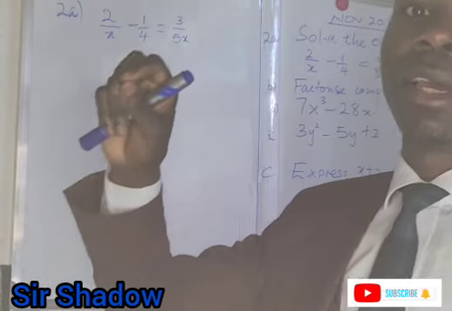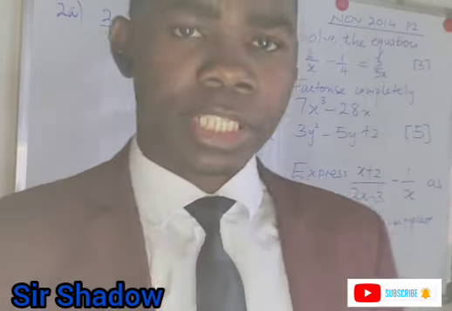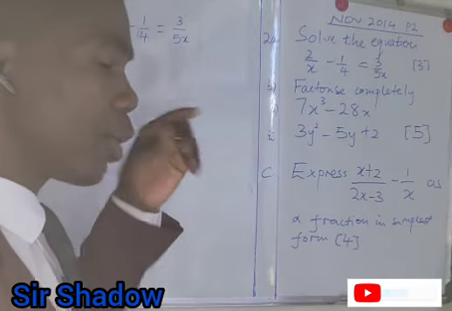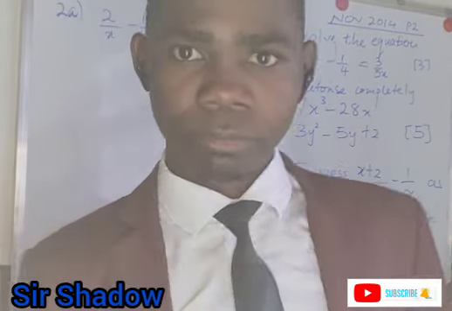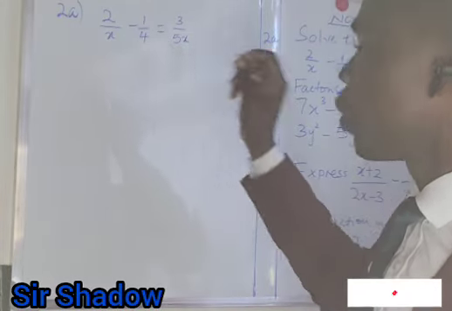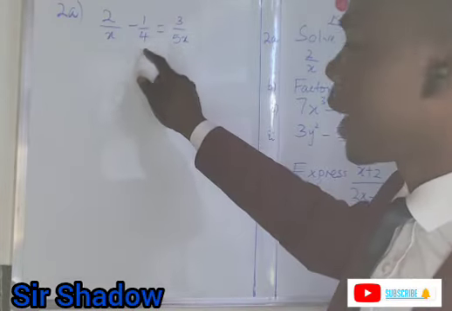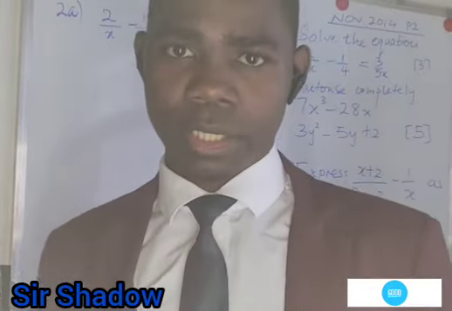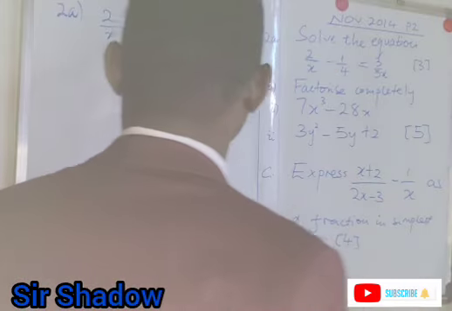So let's find the lowest common denominator of the numbers. The number into which 4 can enter and also 5 can enter is 20, right? So we have 20 here.